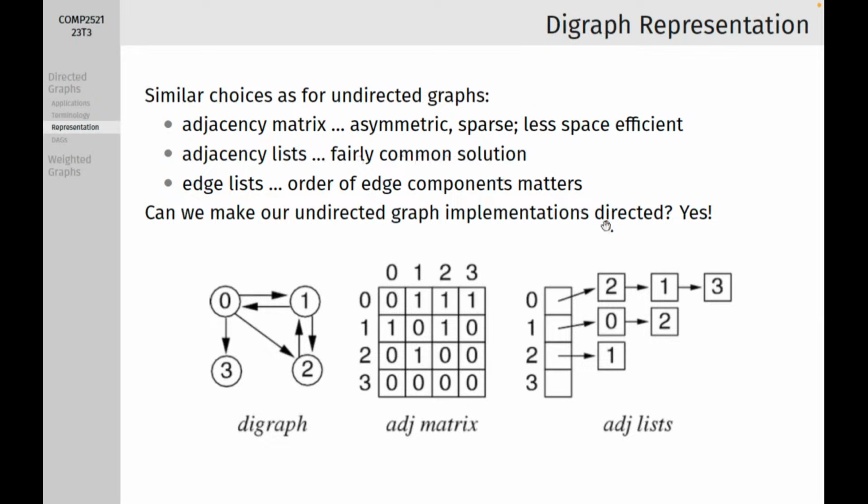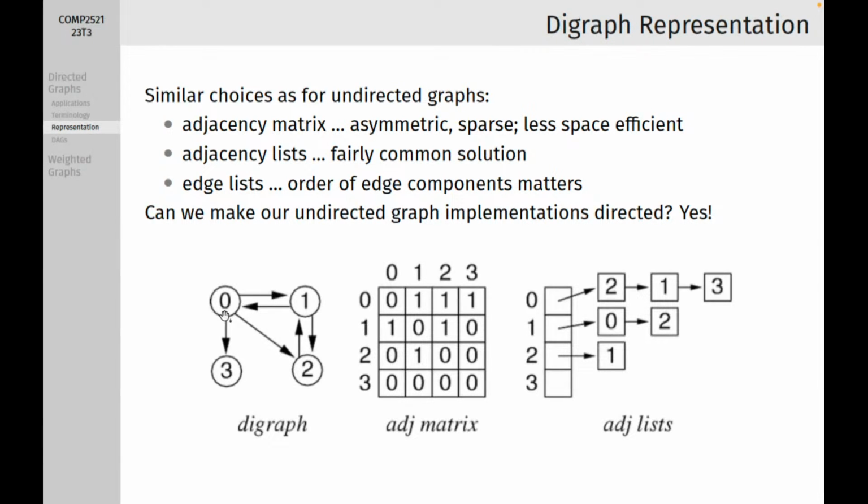Adjacency lists. Here is what the adjacency list representation would look like for this graph. When the graph is undirected, if there's an edge between V and W, then that means W is in V's list and V is in W's list. But since this is a directed graph, that's not necessarily the case.